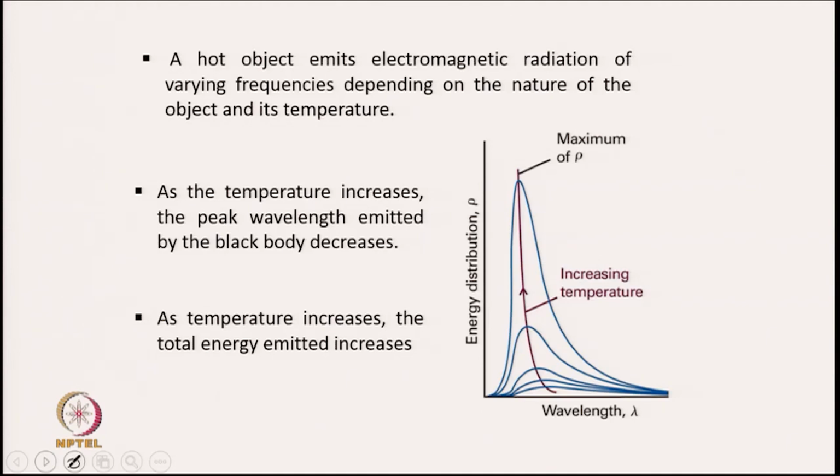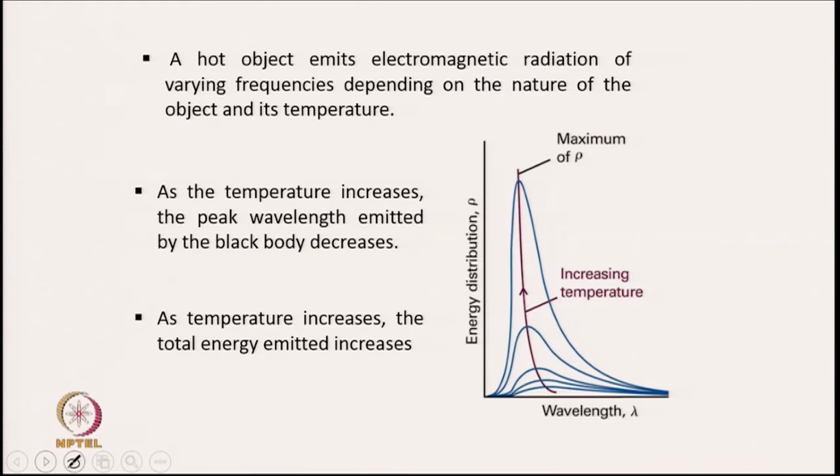A hot body emits electromagnetic radiation of varying frequency depending on the nature of the object and its temperature. As the temperature increases, the peak wavelength emitted by the black body decreases. What that means is, if we increase the temperature, the emission will be of higher frequency.